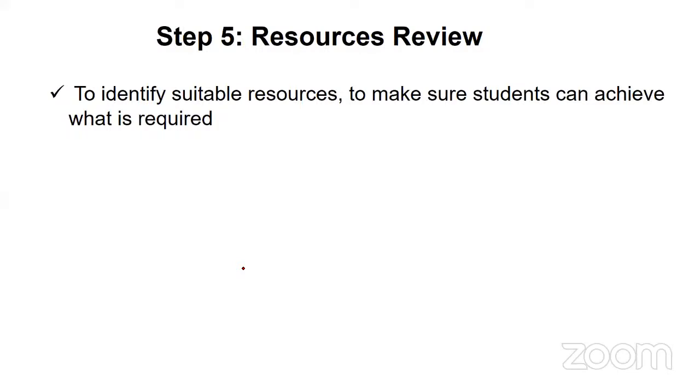Generally, if you use a standard textbook, the chances are that it is correct. However, if you copy something from a third-party website, maybe it's good, not bad, you can use it, but in parallel you need to cross-check whether it's correct or not, because some wrong information is there.